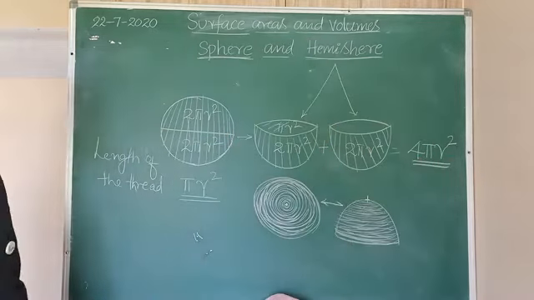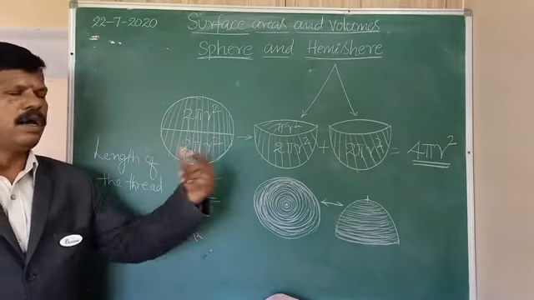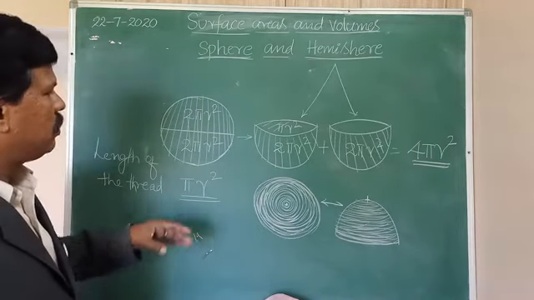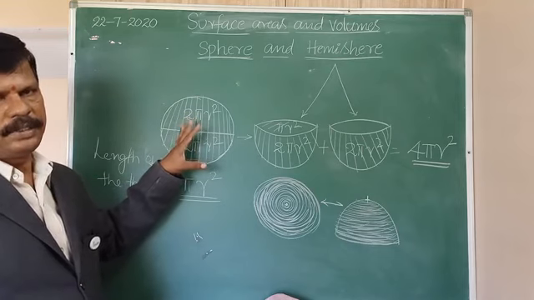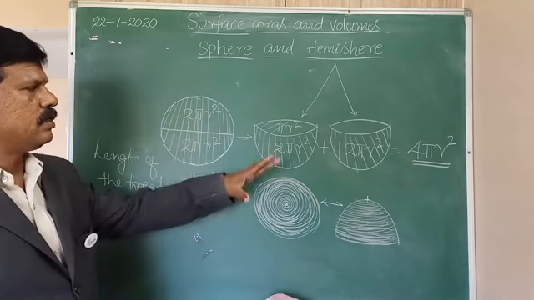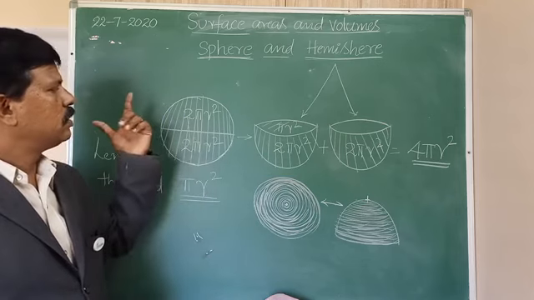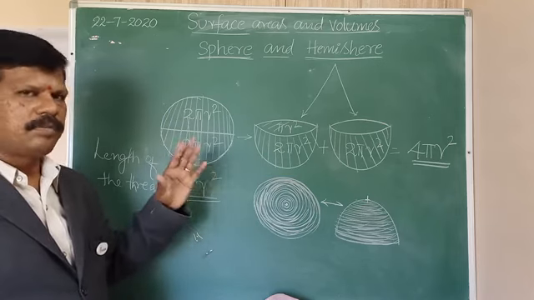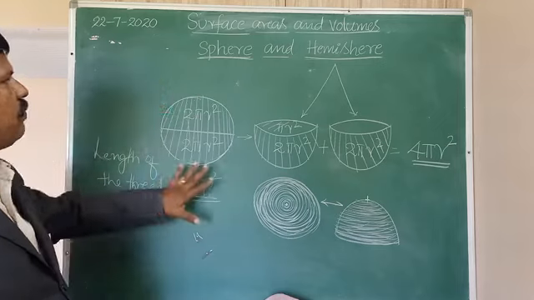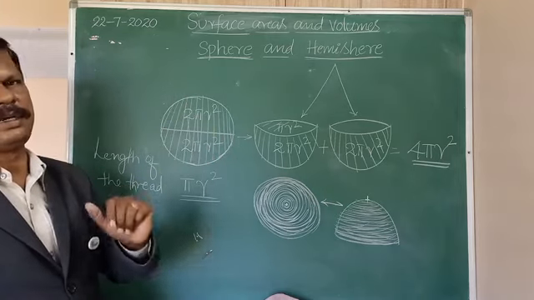4 pi r square, where r is the radius of the sphere. Clear? This is the curved surface area, that means the total surface area of a sphere.